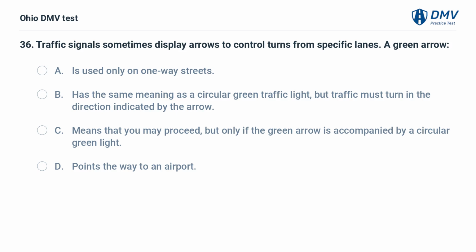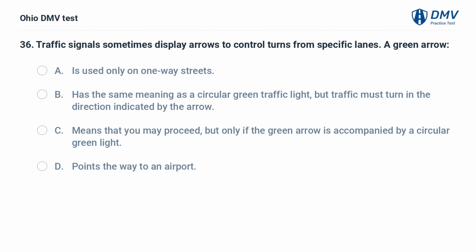Traffic signals sometimes display arrows to control turns from specific lanes. A green arrow: A. is used only on one-way streets. B. has the same meaning as a circular green traffic light, but traffic must turn in the direction indicated by the arrow. C. means that you may proceed, but only if the green arrow is accompanied by a circular green light.